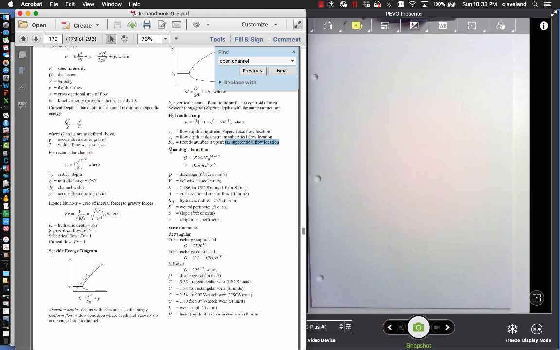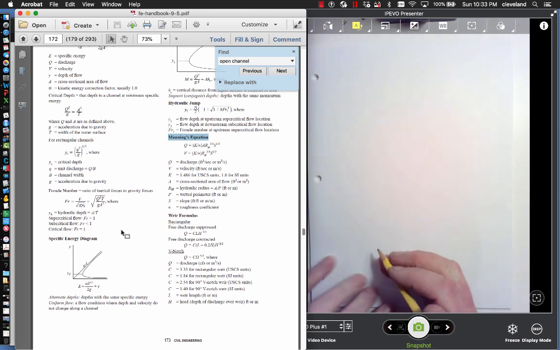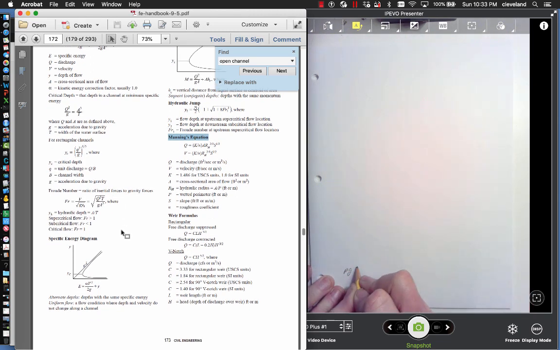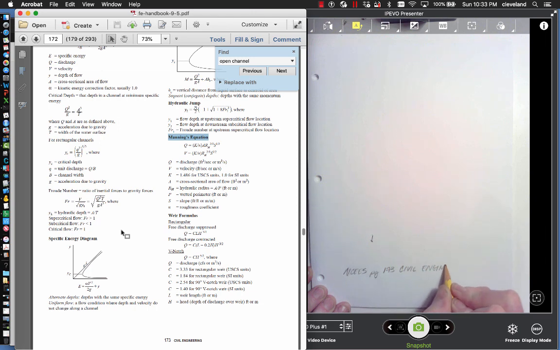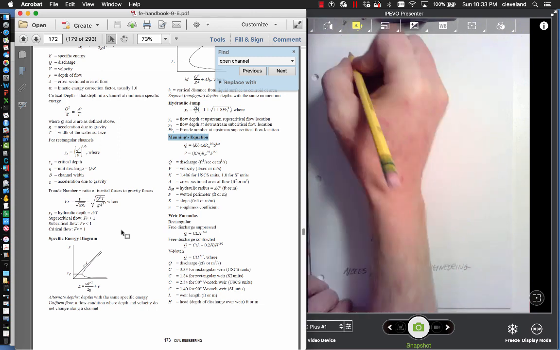We're interested in Manning's equation for this particular problem, and we are on NCEES page 173, civil engineering. Okay, we have Manning's equation.